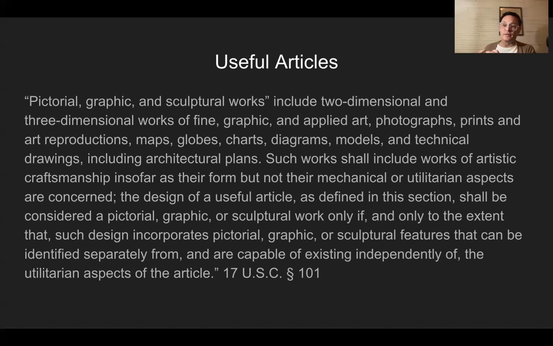So the idea is that copyright goes to the authorial elements of an article or of an object, not to the inventive elements of an article or object. The question is what that means in practice and how we're supposed to actually cash that out in relation to real products in the real world.